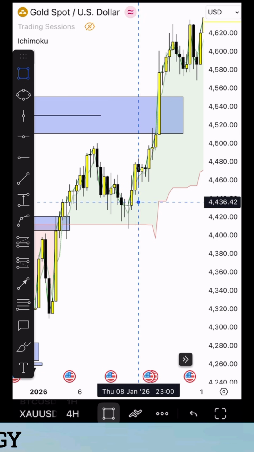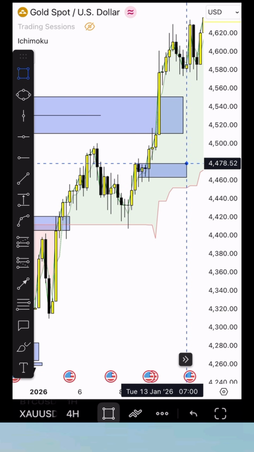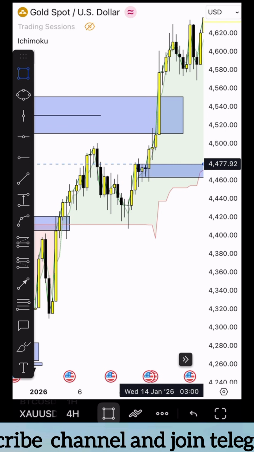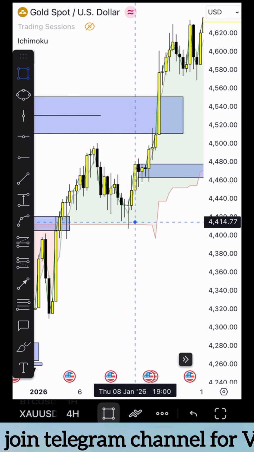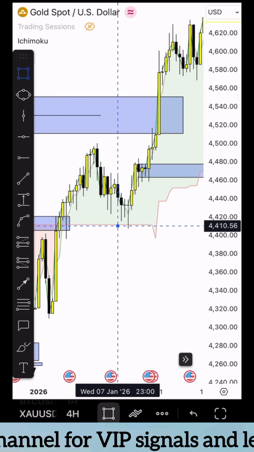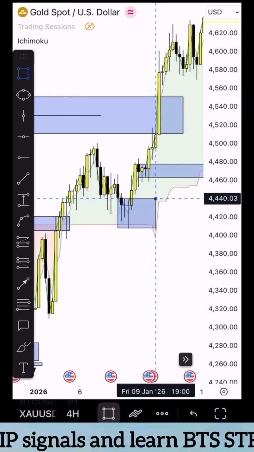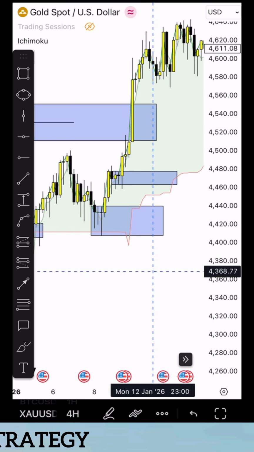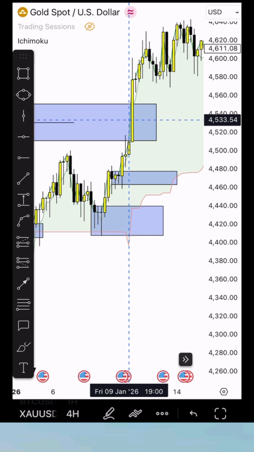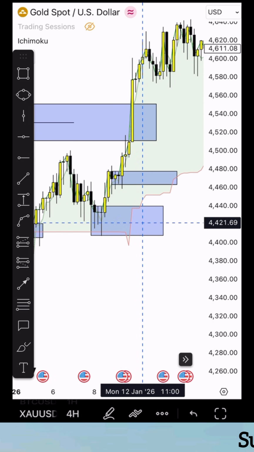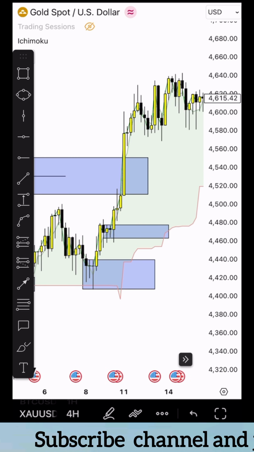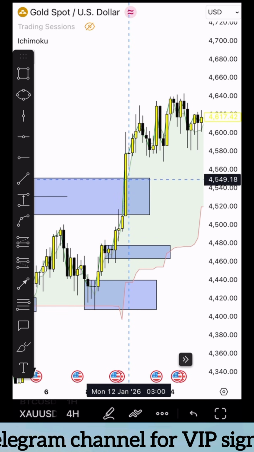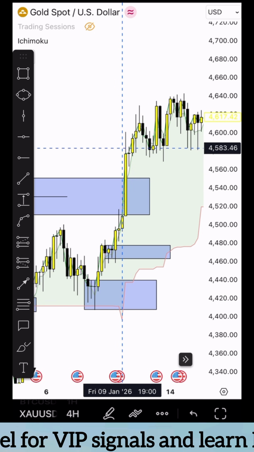If it's supposed to respect, we've got another support area, and there's another engulfing in that area. So if price respected here, then it should have come here, then here. It's kind of like a map. But then what happened here? Price breaks, and then it breaks, and then look, price now is going up.